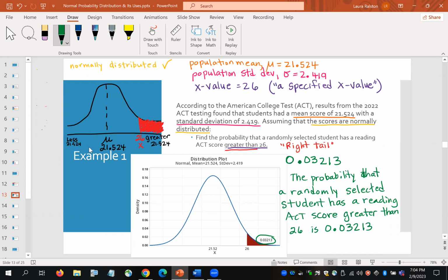So there's about a 3% chance. If I take that decimal and convert it to a percentage, you're looking at about 3%. So there's about a 3% chance that a student would score greater than 26.